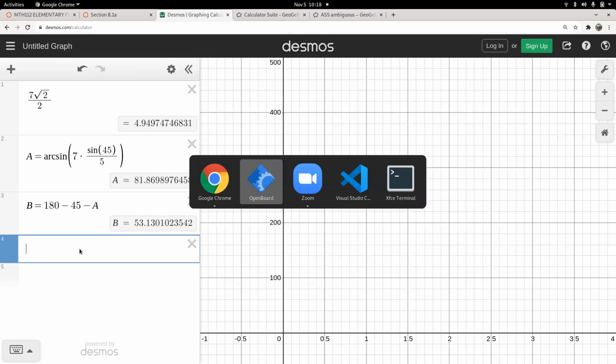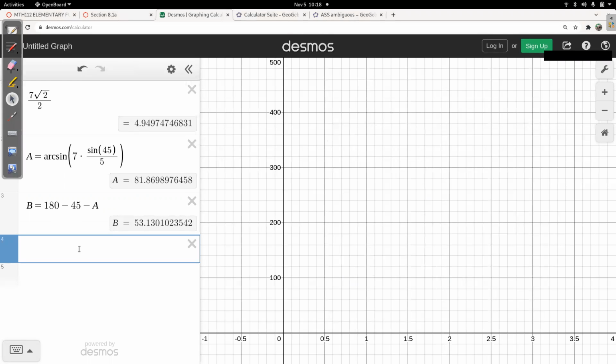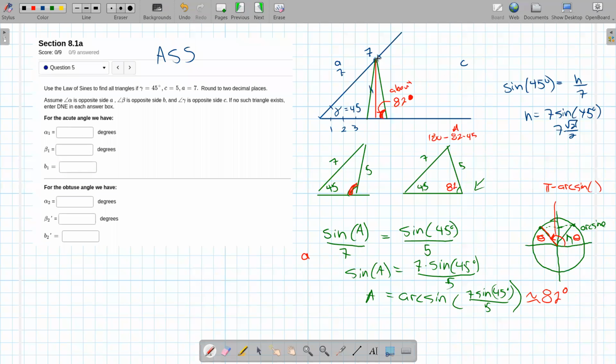Does that seem reasonable? Yeah, that seems reasonable. That looks smaller than 45 to me. So I think that angle is about 53 degrees there.